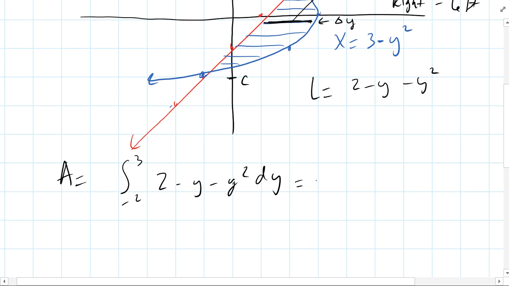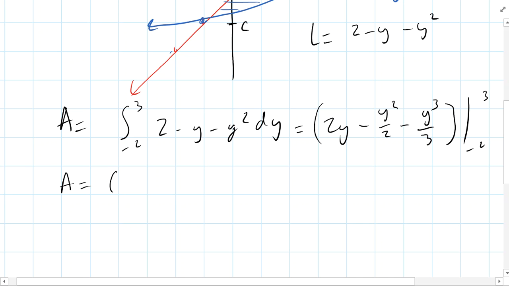What's the antiderivative of 2 in terms of y? 2y. What's the antiderivative of -y? -y squared over 2. And the antiderivative of -y squared is -y cubed over 3, evaluated from -2 to 3. Plug it in.